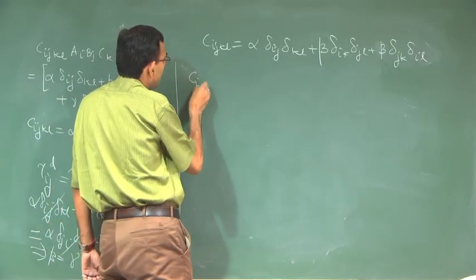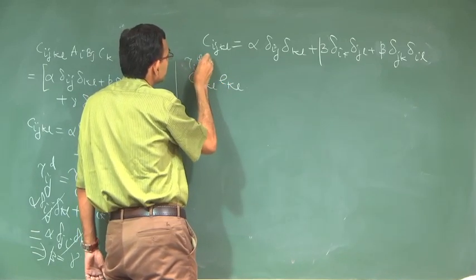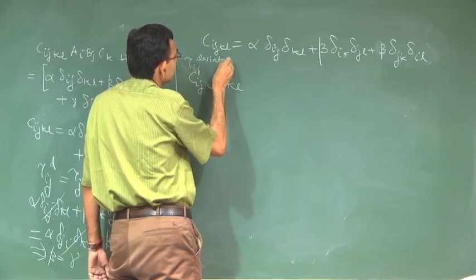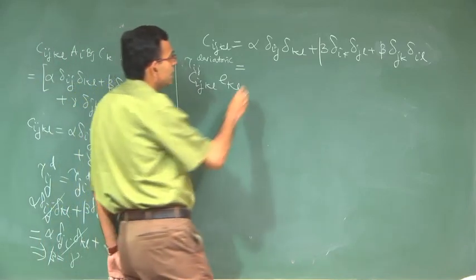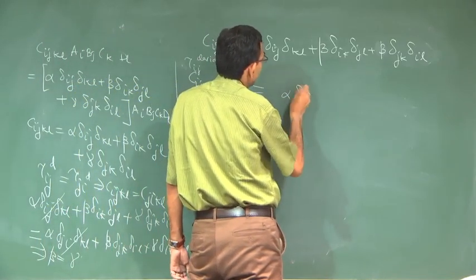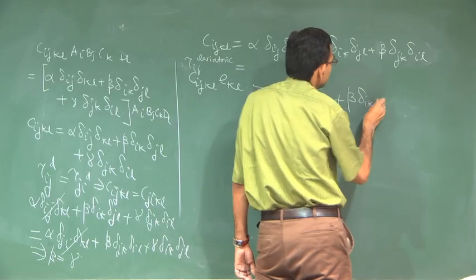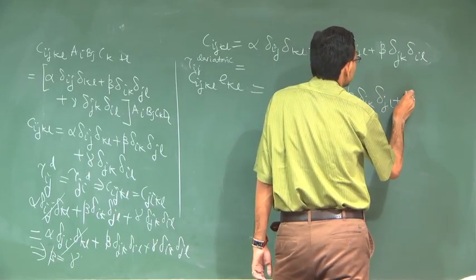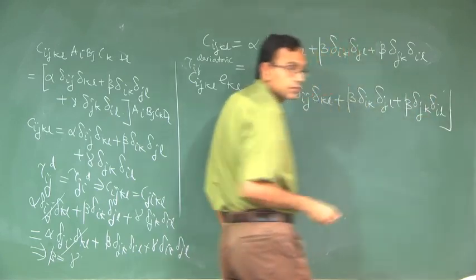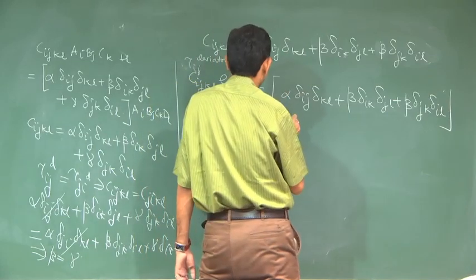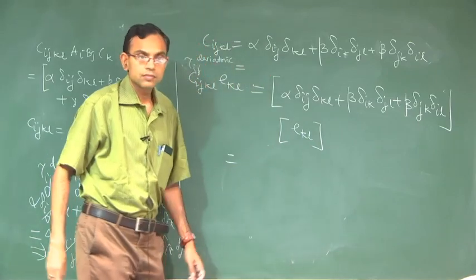So Cijkl into Ekl, this is tau ij deviatoric. So this is alpha delta ij delta kl plus beta delta ik delta jl plus beta delta jk delta il into Ekl.